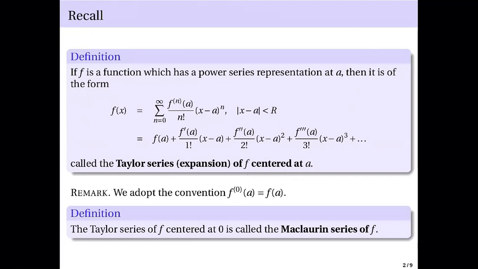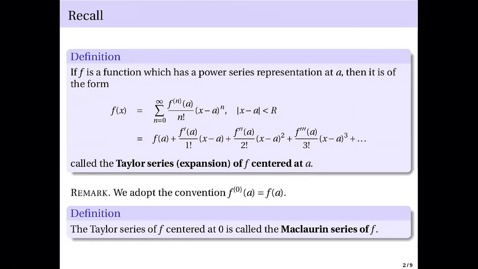In here, R is the radius of convergence of the series, and the equality of this function and this power series is only valid when this inequality here is satisfied. So f of x will be equal to this power series if the absolute value of x minus a is less than R, where R is the radius of convergence.